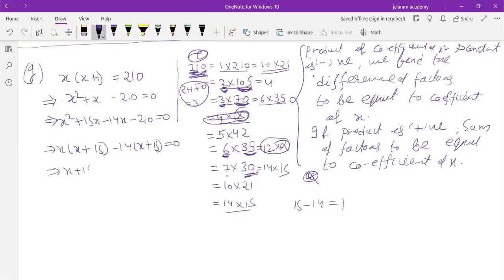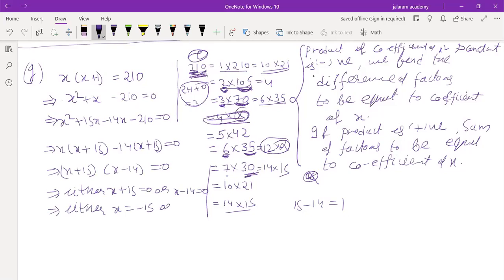It implies x plus 15 into x minus 14 equals 0. It implies either x plus 15 equals 0 or x minus 14 equals 0. It implies either x equals minus 15 or x equals 14. So the solution set for x equals minus 15, 14, which is the answer.